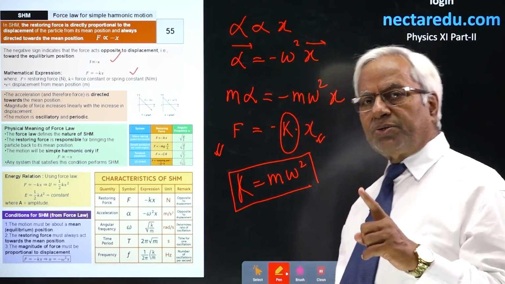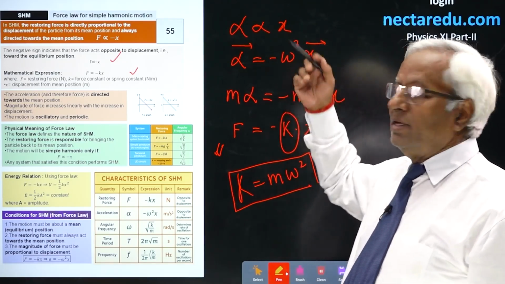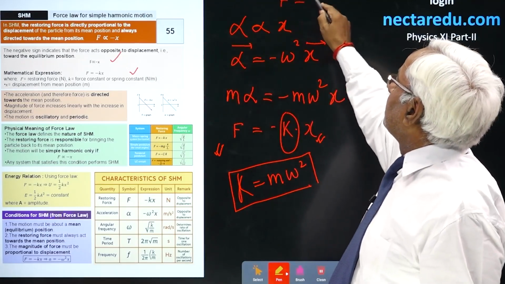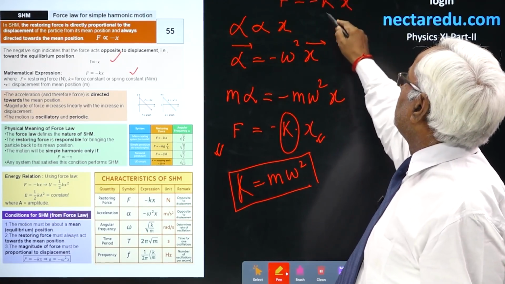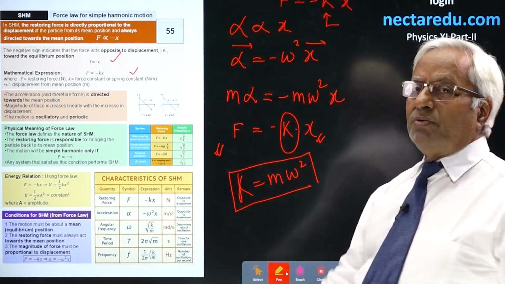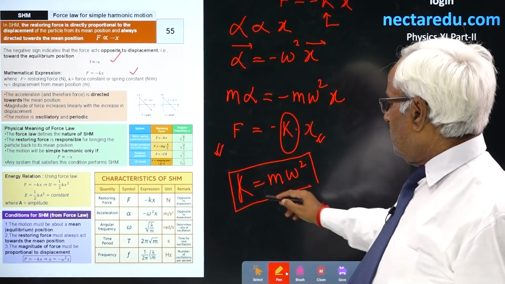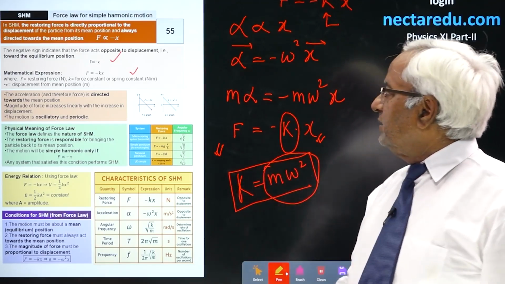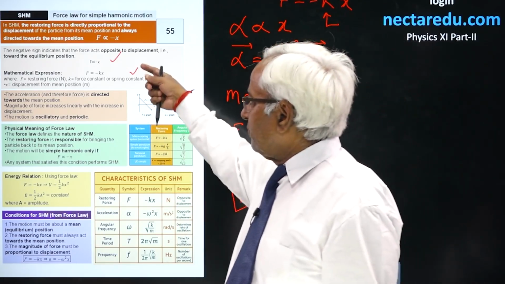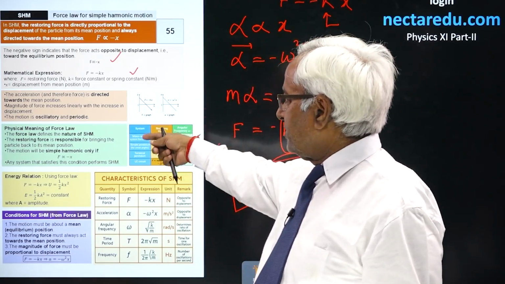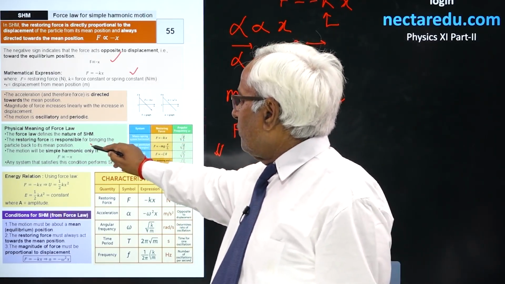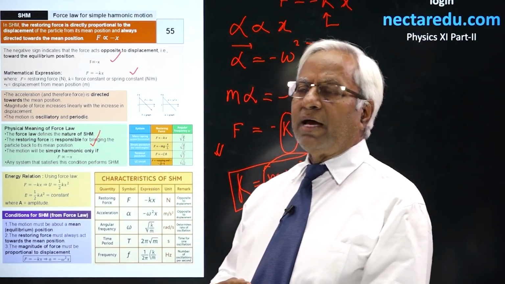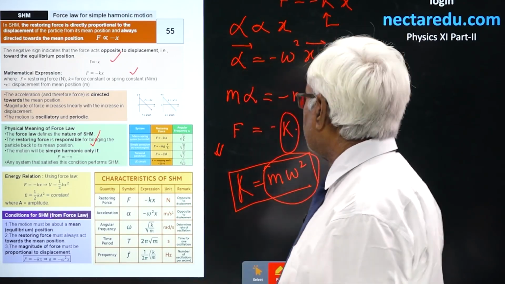That's known as restoring force, or you can say elastic force, and that is also given by this relation where you call K a force constant. This law becomes the condition for all types of SHM. Restoring force is only responsible for bringing the body back to the mean position.